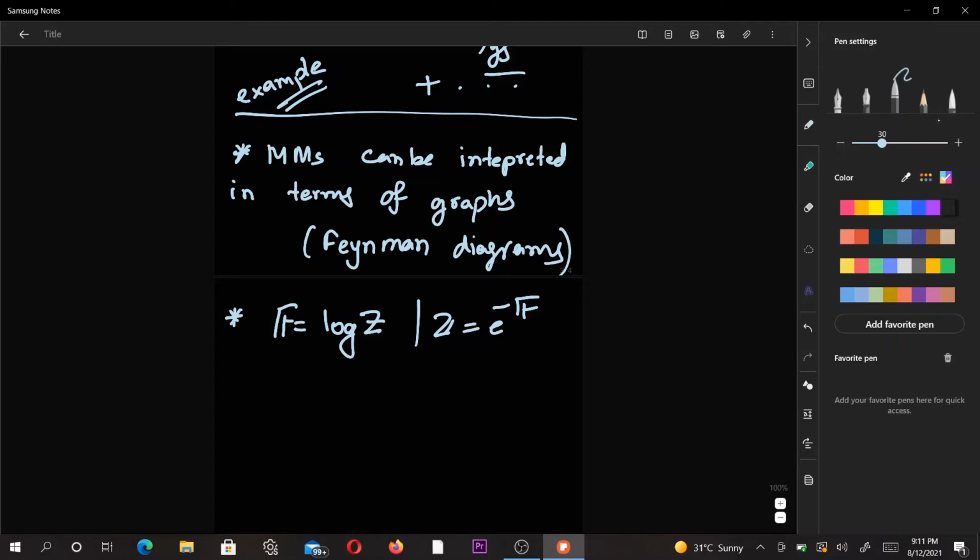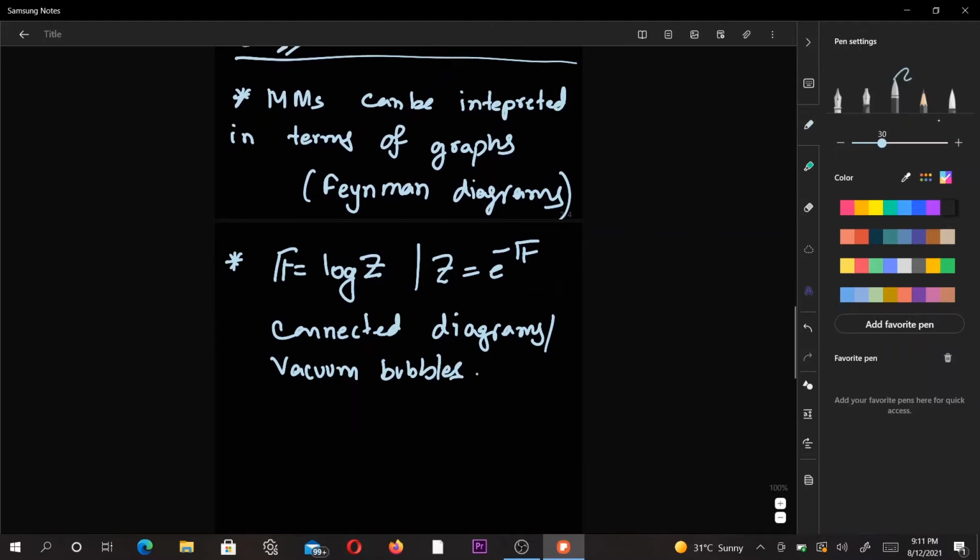That is, it generates all connected diagrams, or in other words, we might call them vacuum bubbles. These are different names for the same thing. They are just connected diagrams. Okay, so this is the free energy.